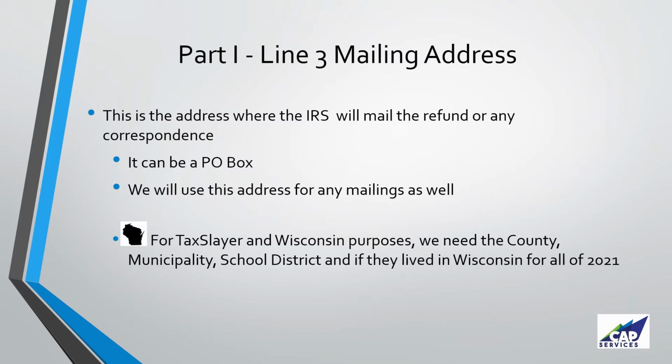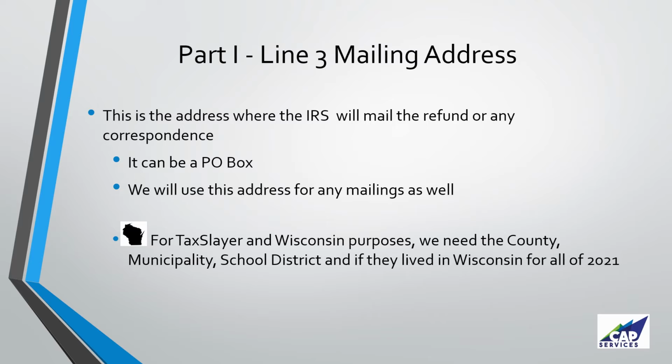Part 1, line 3, mailing address. This is the current mailing address where the IRS will mail the refund or correspondence. This does not have to be a physical address. It can be a post office box. We will use this address for any mailings as well.